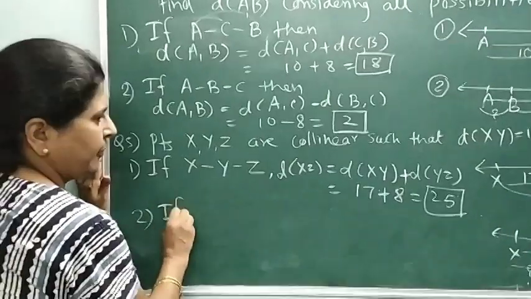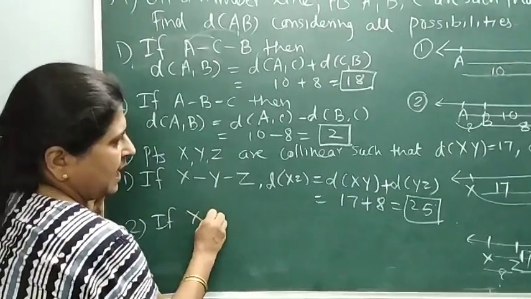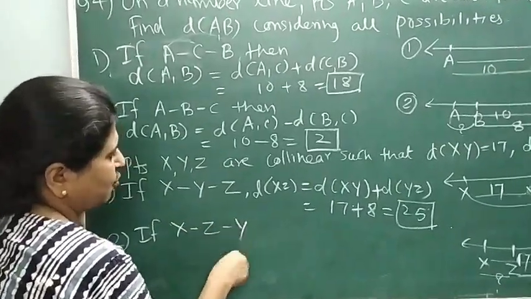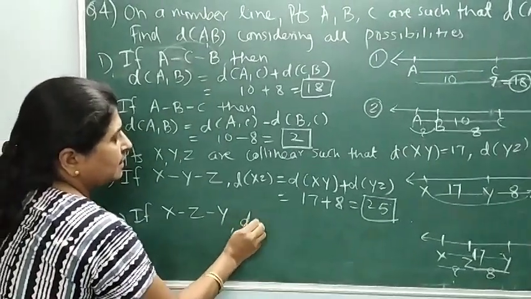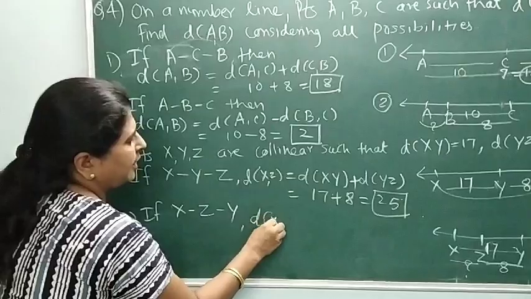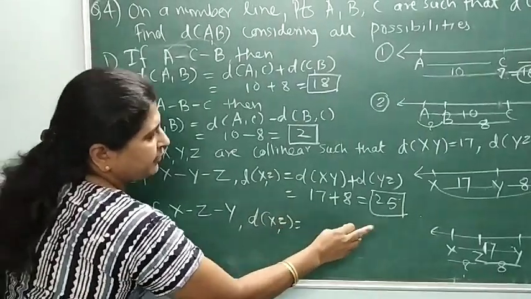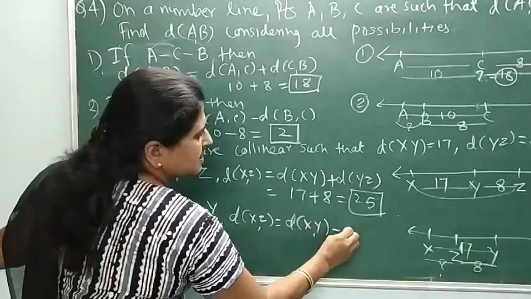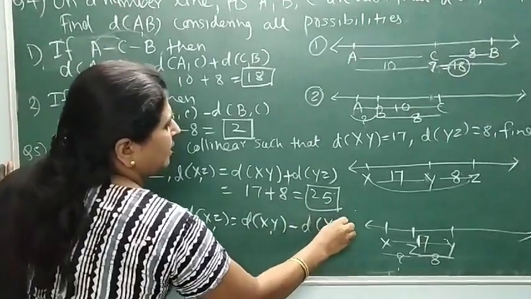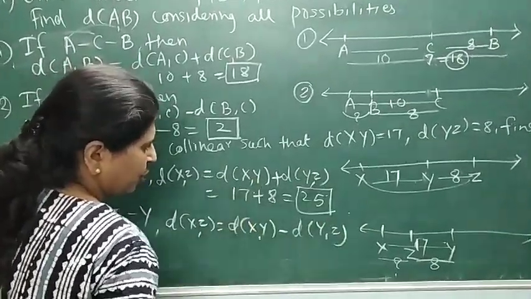So if this betweenness is x-z-y, z is between x and y. In that case, the distance between x, z is going to be the difference, distance between x, y minus distance between y, z. Whenever it is distance, you should put commas in between.